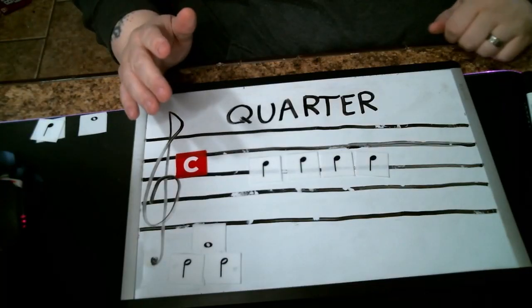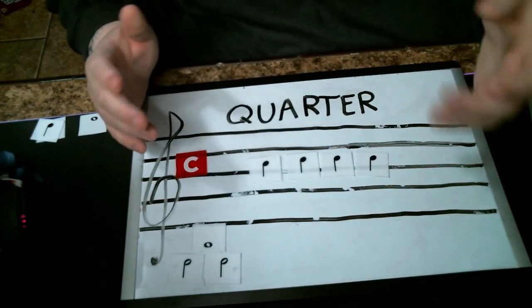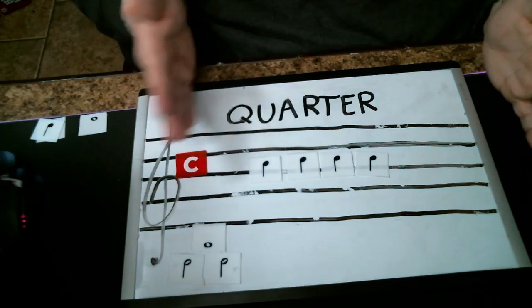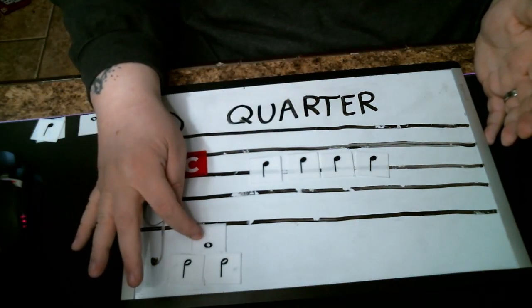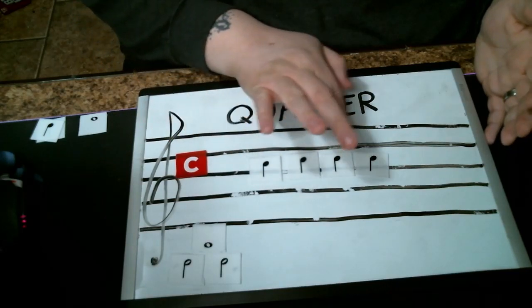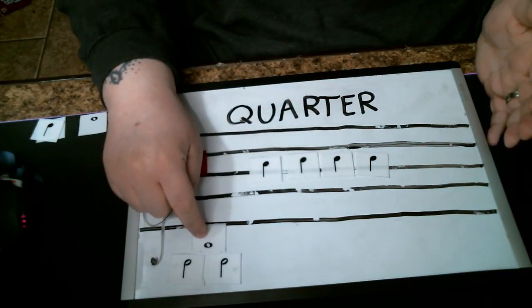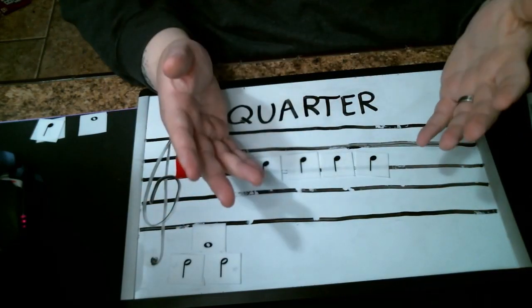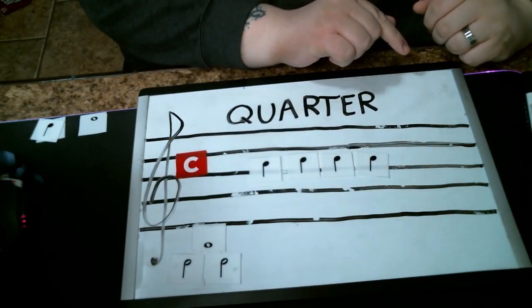The last note we're going to learn today is the quarter note. And again, it's breaking down our whole note. Our whole note is 4 beats. Well, each of these is going to be 1 beat because it's 1/4 of our whole note. So think of this as like $1, and if we break it into quarters, how many quarters are in $1? 1, 2, 3, 4, right?